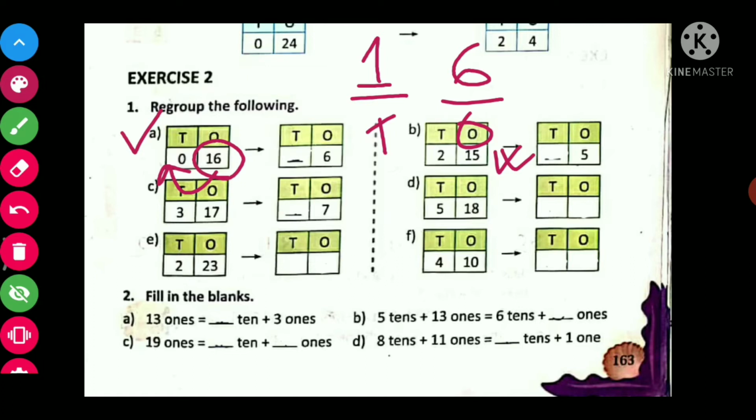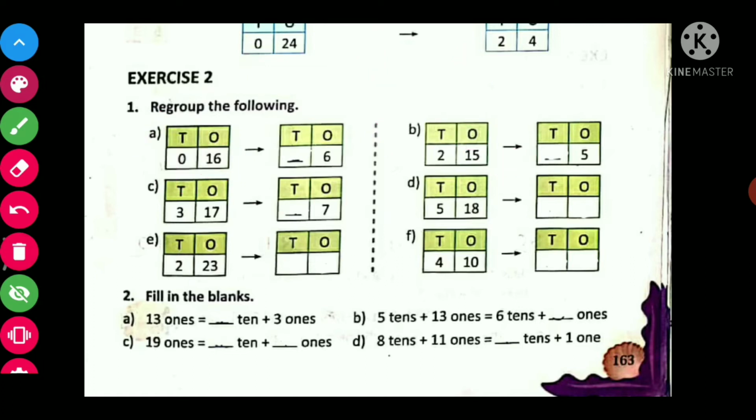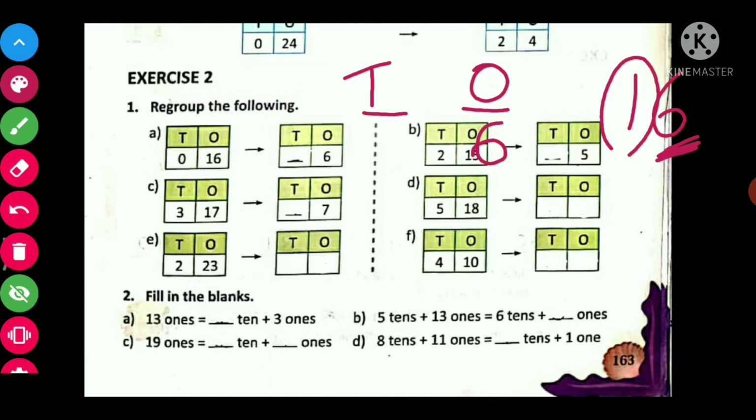Whenever there are two digits in ones place, what we basically do, suppose 16 is there, this one is tens, this one is ones. We'll write the last digit in the ones place, and the digit that is placed before 6, we'll give it to the tens place.